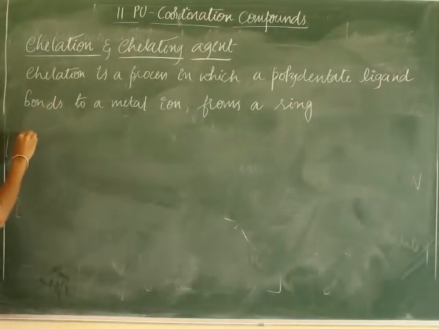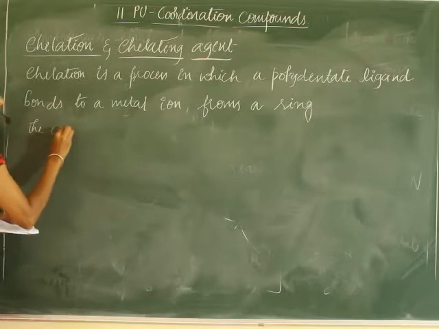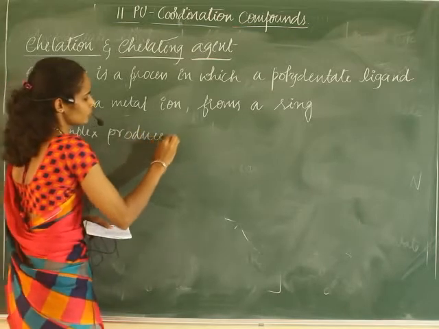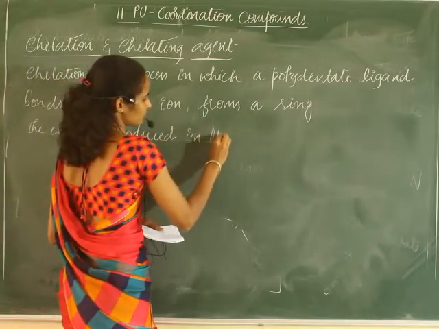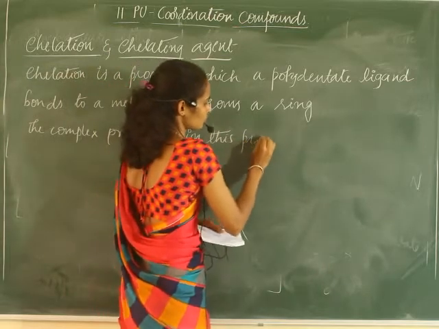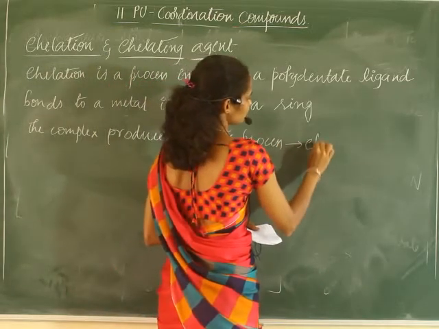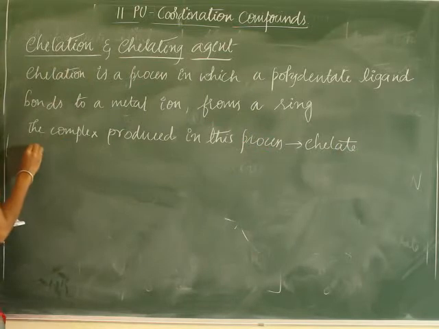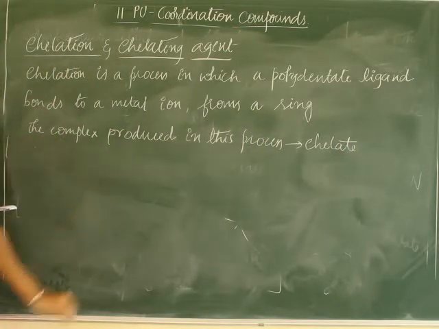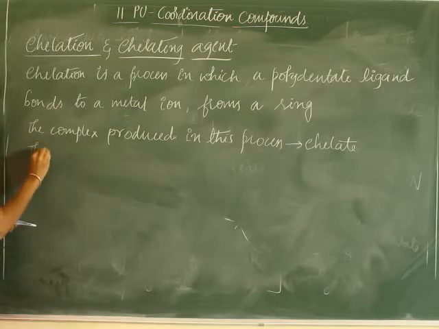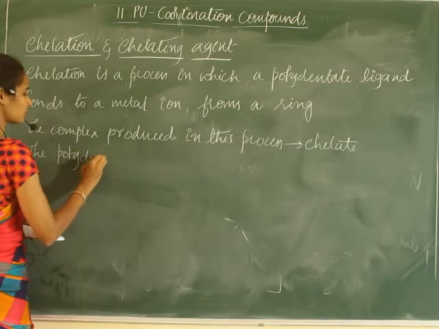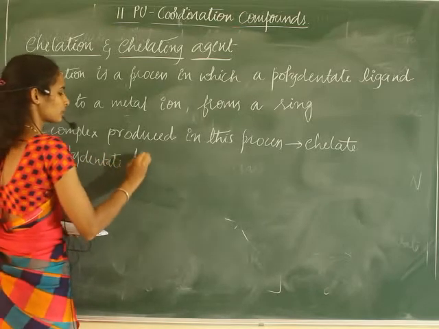The complex produced in this process is called a chelate, and the ligand, polydentate or bidentate, together we can call it a polydentate ligand.